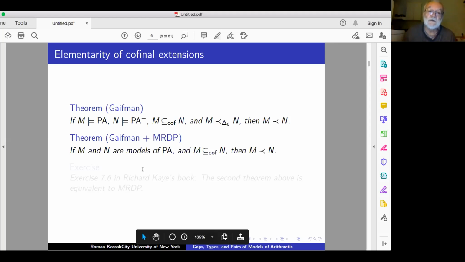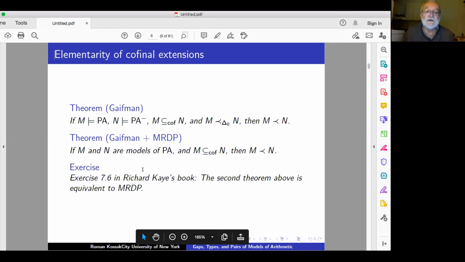By this theorem, every sigma 1 and every delta 1 formula is equivalent to an E1 formula, just a pure existential formula. And then this can be used to show that any cofinal extension is actually a delta 0 extension. But the use of the MacDowell-Specker solution to Hilbert's tenth problem here is essential.